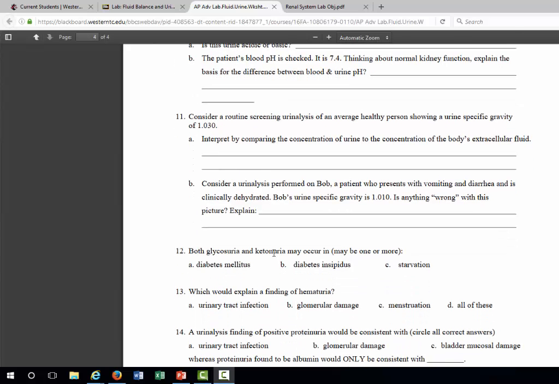So glycosuria and ketonuria can occur in diabetes. Diabetes insipidus is when there's a tumor on the pituitary gland, the posterior pituitary, causing a blocking of ADH, and as a result, they have excess urination. So diabetes insipidus has to do with excess urination.